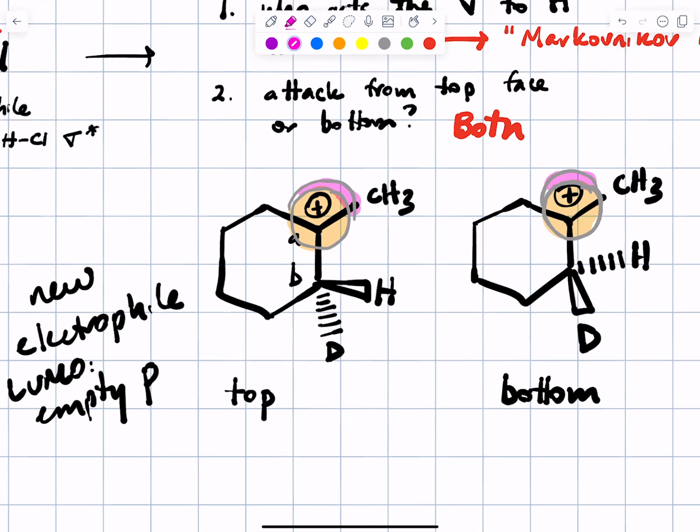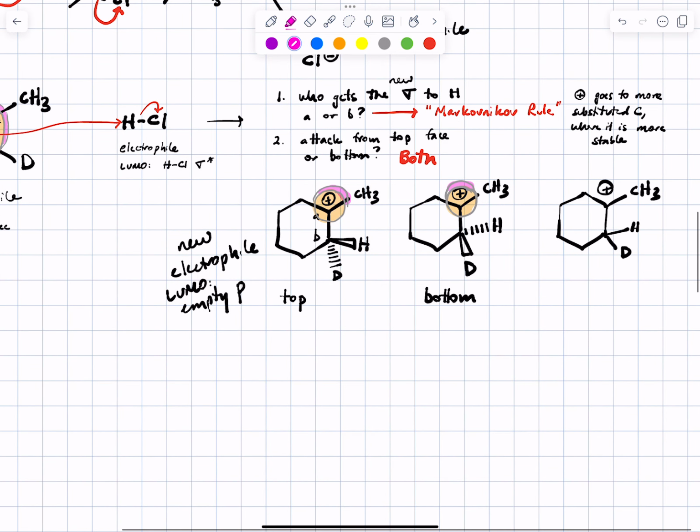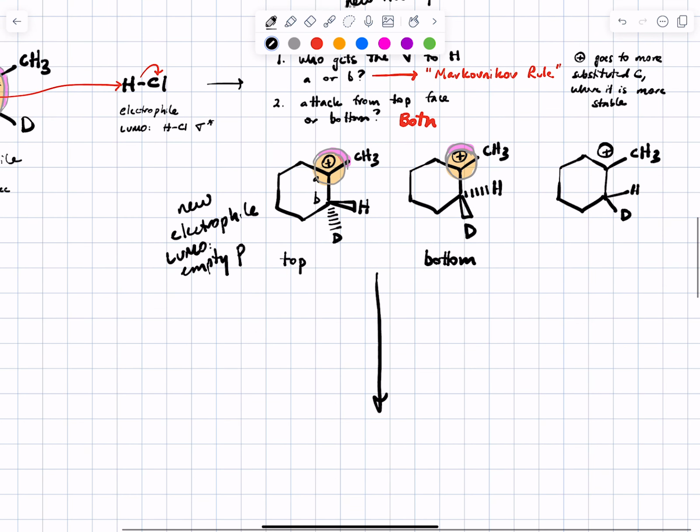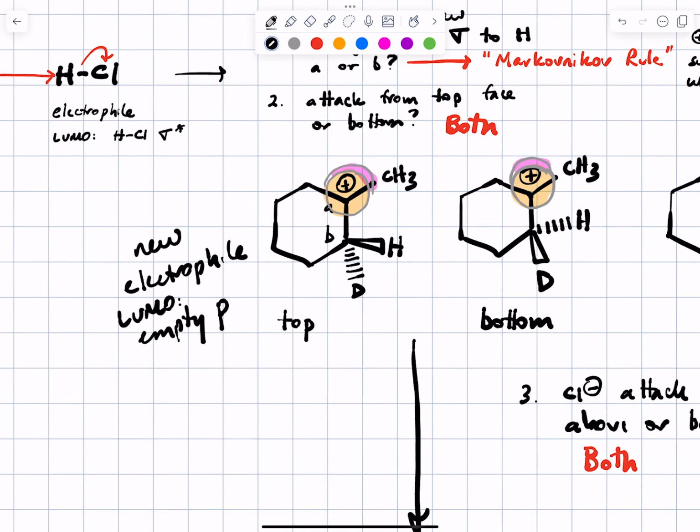As we saw before in the SN2 reaction, in this next step, as chloride attacks, we're going to have to worry about, does Cl- attack from above or below? And of course, as was the case for the SN1 reaction, the answer is both.